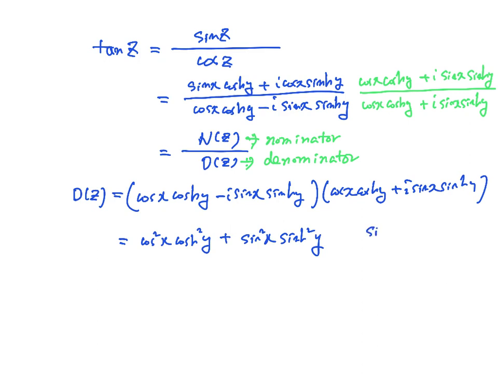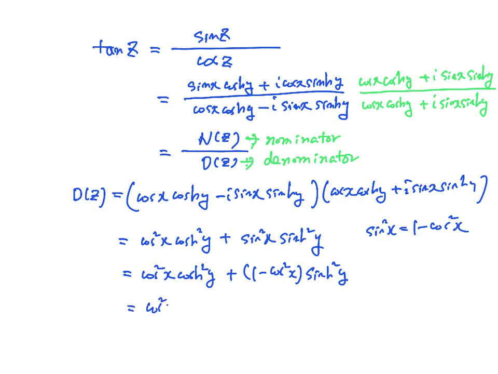And you can use this: (1 minus cosine square x) cosine square x cosine hyperbolic square y, plus (1 minus cosine square x) sine square y hyperbolic square y.